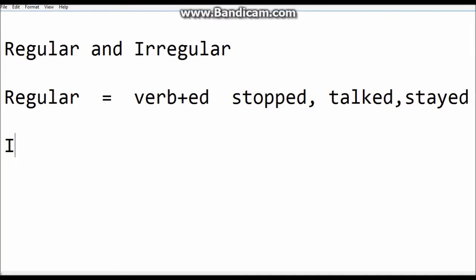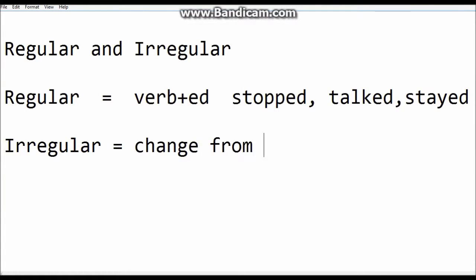A sentence: I stayed in a hotel. I stopped the car. Irregular verbs change from the root. We have a list of irregular verbs, you just need to learn them by heart.